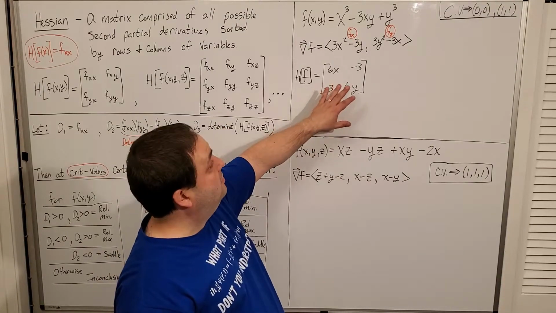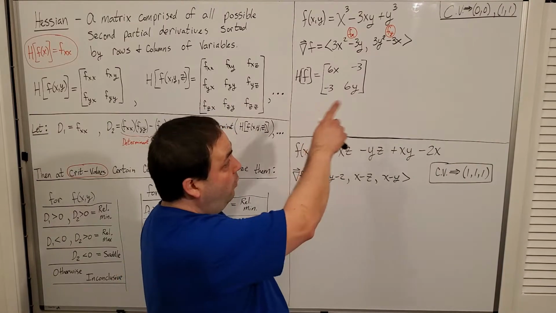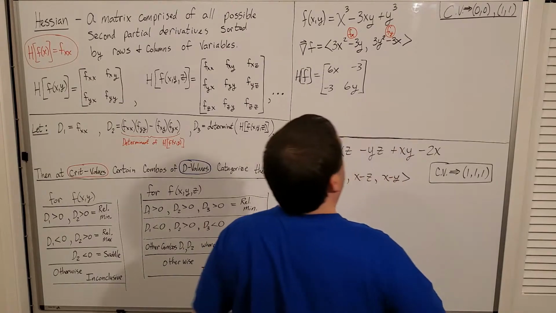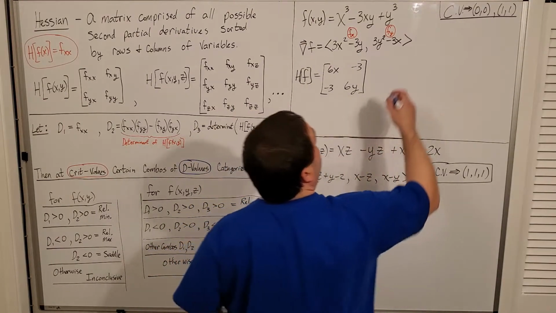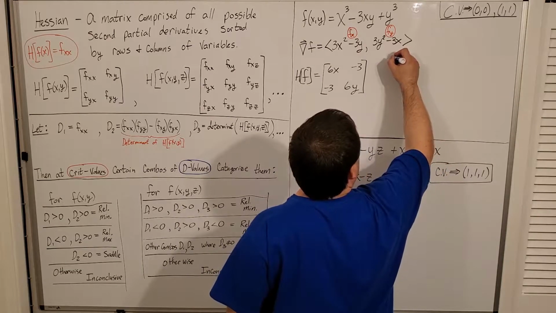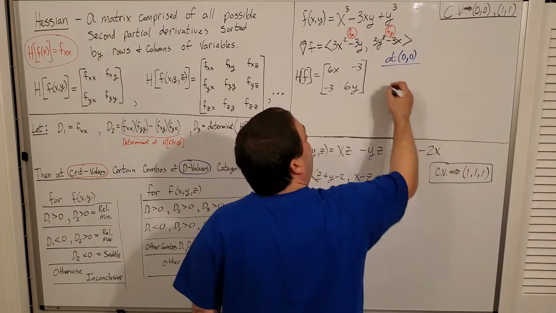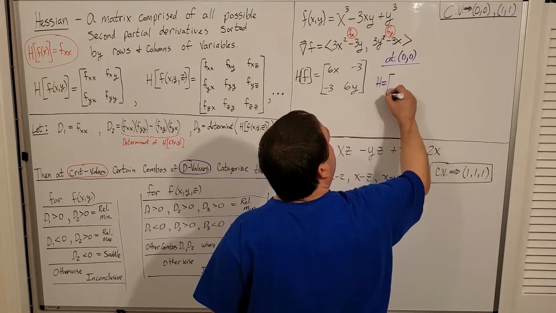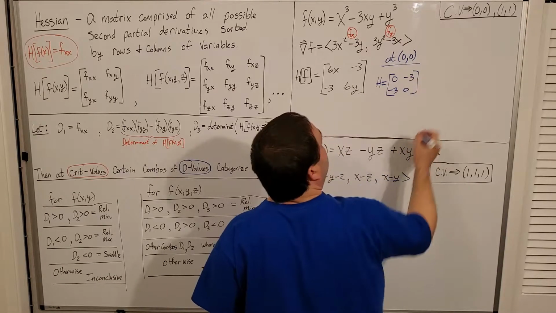Okay, this one does. So what I need to do is set up a Hessian for each one of those critical points. Okay, so here we go. The first critical point was 0, 0, right? So at 0, 0, my Hessian is going to be equal to the matrix 0, -3, -3, 0.